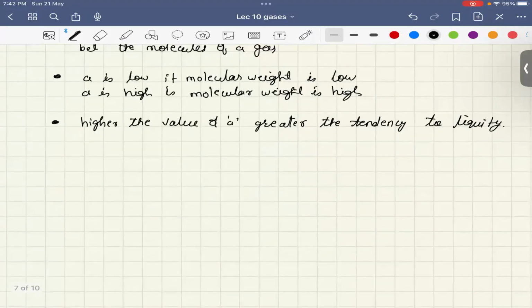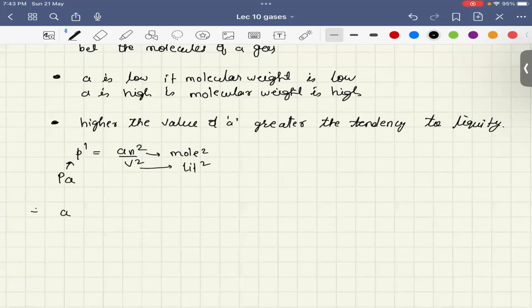And its unit can be found from this: P dash is nothing but A n square by V square, where the SI unit of pressure will be pascals, right? Its unit will be mole square, and volume will be liter square or meter cube, meter to the power 6, right?